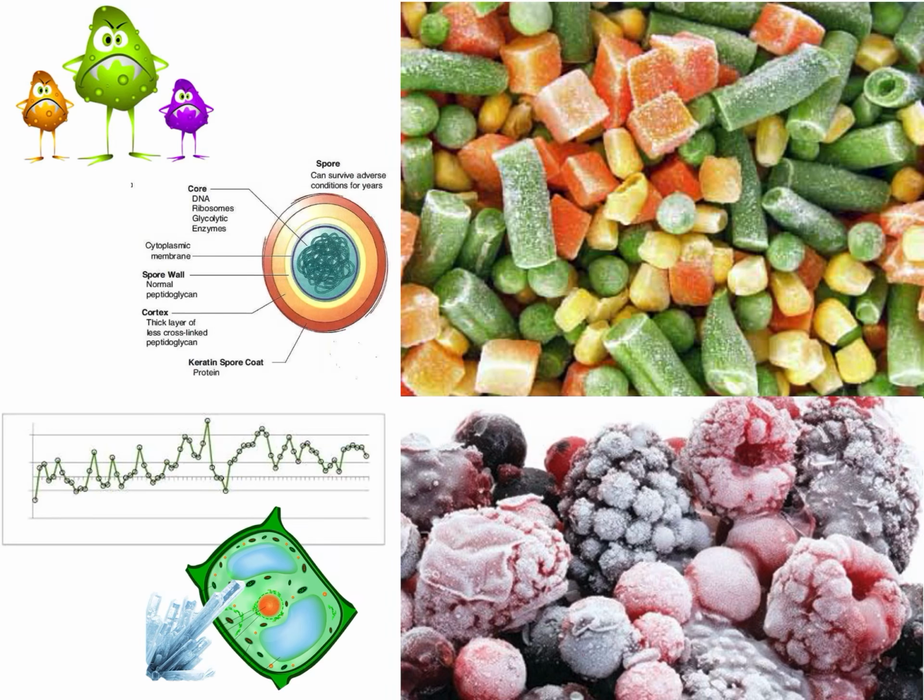For fruit and vegetables, the plant cells will be ruptured when we have a fluctuating temperature. The fluctuating storage temperature will affect the size of the ice crystals. They will enlarge and then disrupt the cell structure. Once we thaw the sample, we will get very soft and mushy fruit and vegetables.